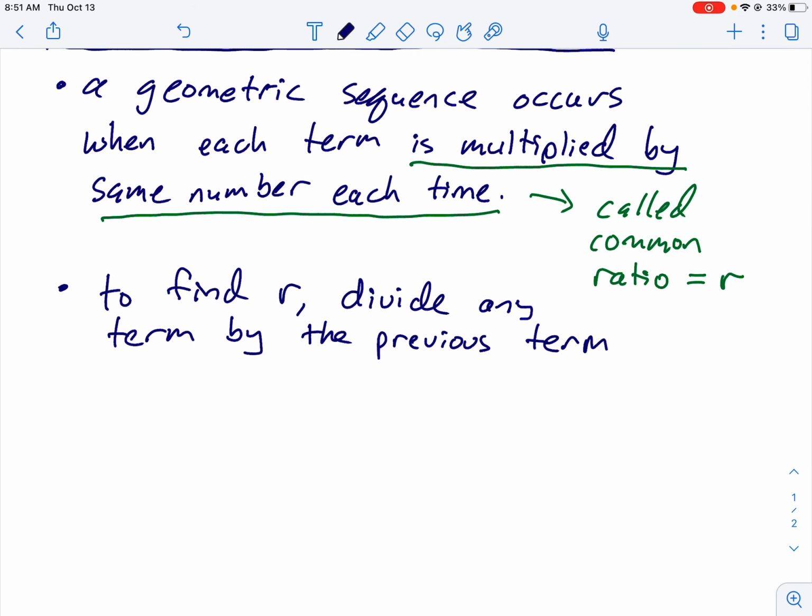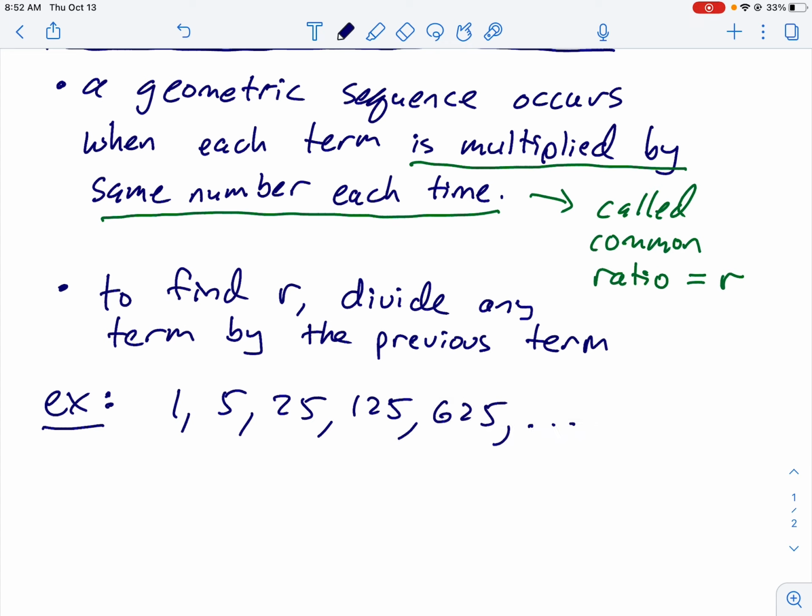So for example, if I gave you this sequence, 1, 5, 25, 125, 625, etc. And the question is, is this geometric? If so, what is R?